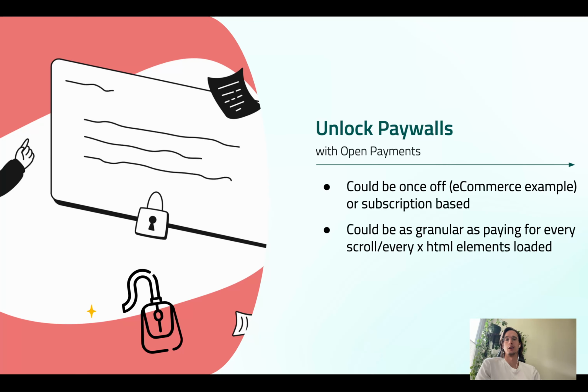Again, it could be as granular as one payment for one page, or as you're interacting with the content, reading a certain article, you can be facilitating the streaming of payments as you scroll even. So again, thinking from a large single payment to maybe a small number of payments as you're browsing.